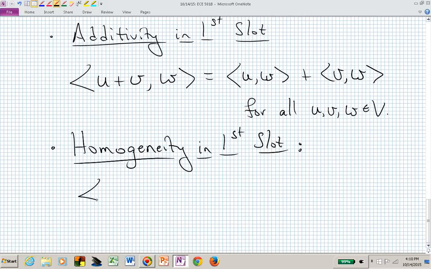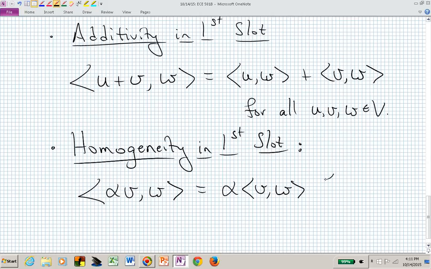What that means is if we have a scaled vector in the first slot, let's say alpha v, where alpha is a scalar, and w is in the second slot, homogeneity in the first slot says that that scalar can just be slid outside the inner product of v and w and yield the same answer.